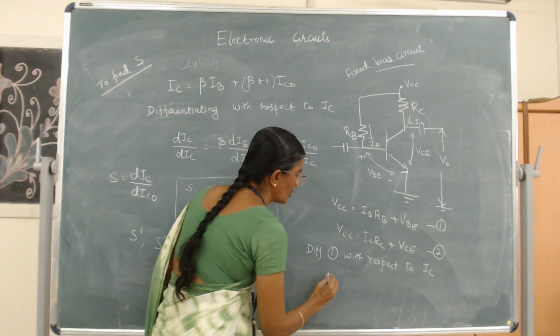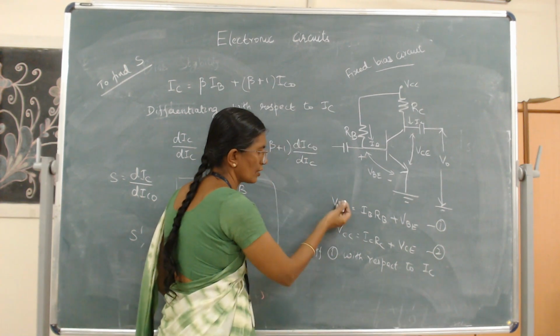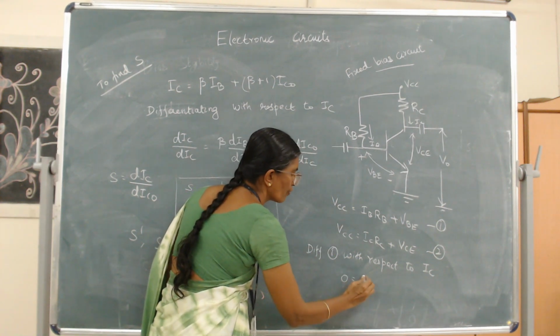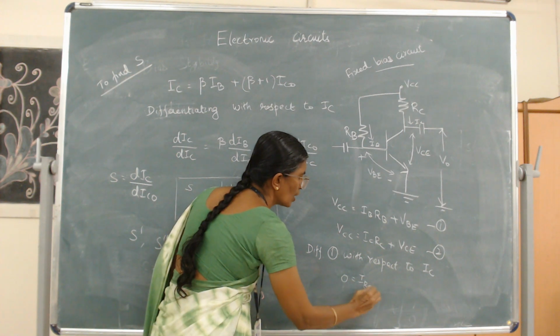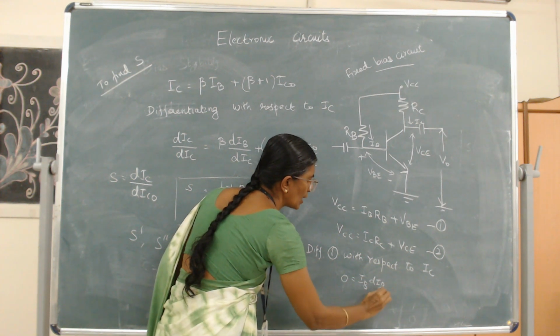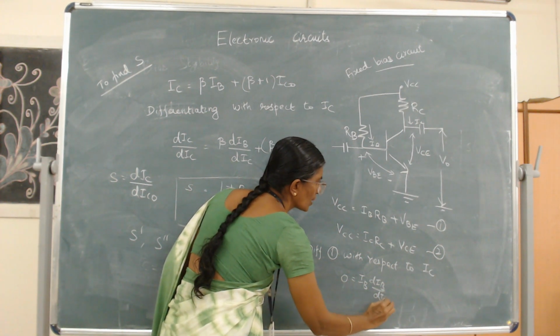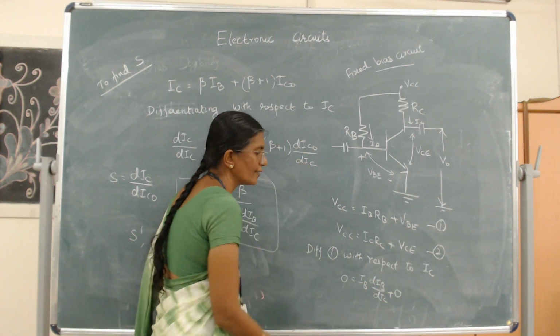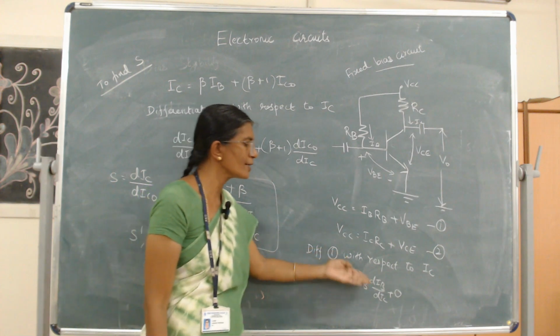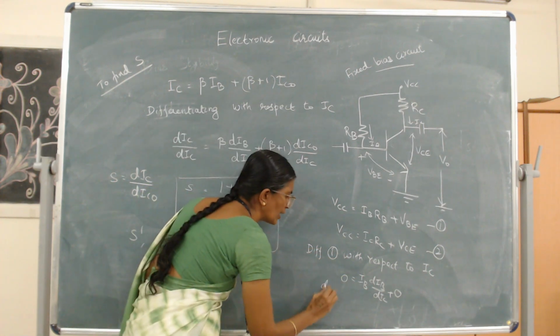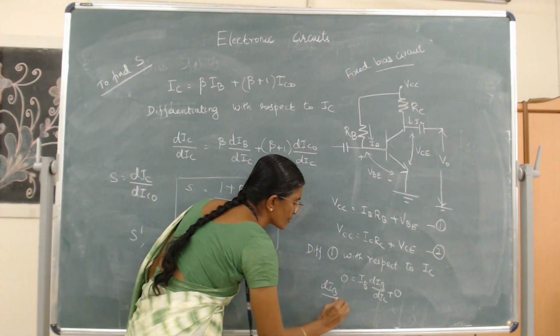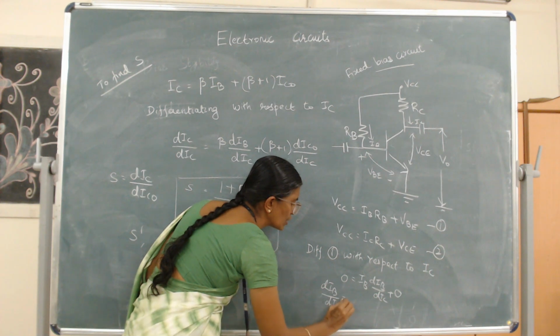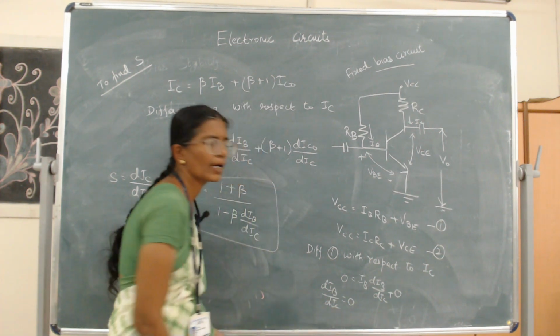VCC is a constant, so 0 is equal to RB into dIB divided by dIC plus, VBE being a constant value, 0. So we can say that dIB divided by dIC is equal to 0, which indicates that IB and IC are independent.